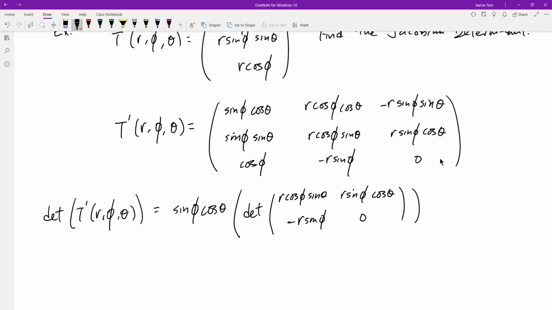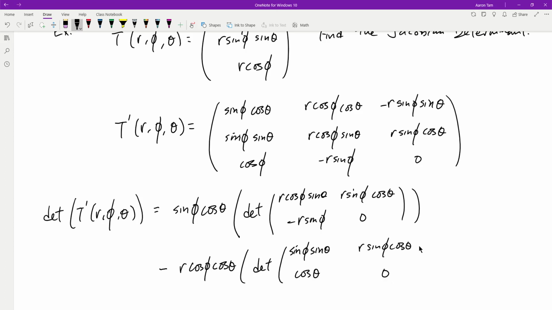And then with alternating signs, I'm going to subtract r cosine phi cosine theta multiplied by the determinant of sine phi sine theta, r sine phi cosine theta, cosine phi, 0.